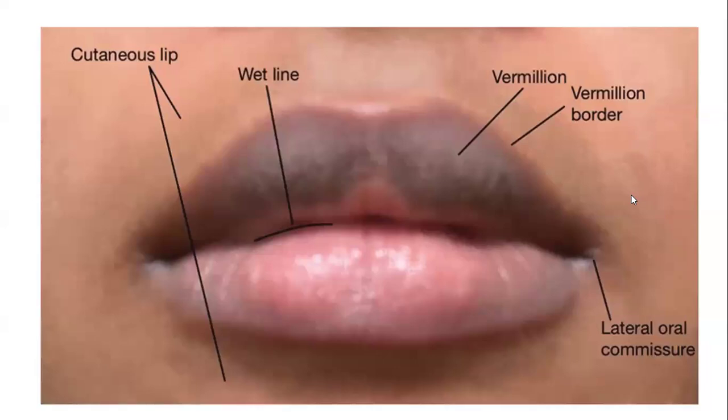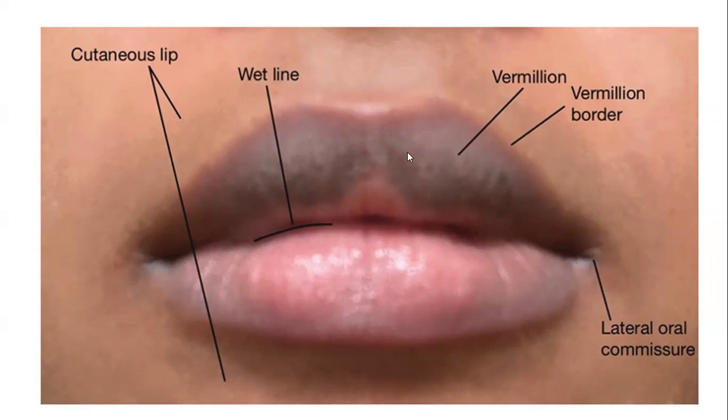Before I discuss cheilitis, let's revise a few significant anatomical landmarks of the lips. The lips have a vermilion border, which is the border of the lips, and the oral commissures, which are the folds between the upper and lower lip.